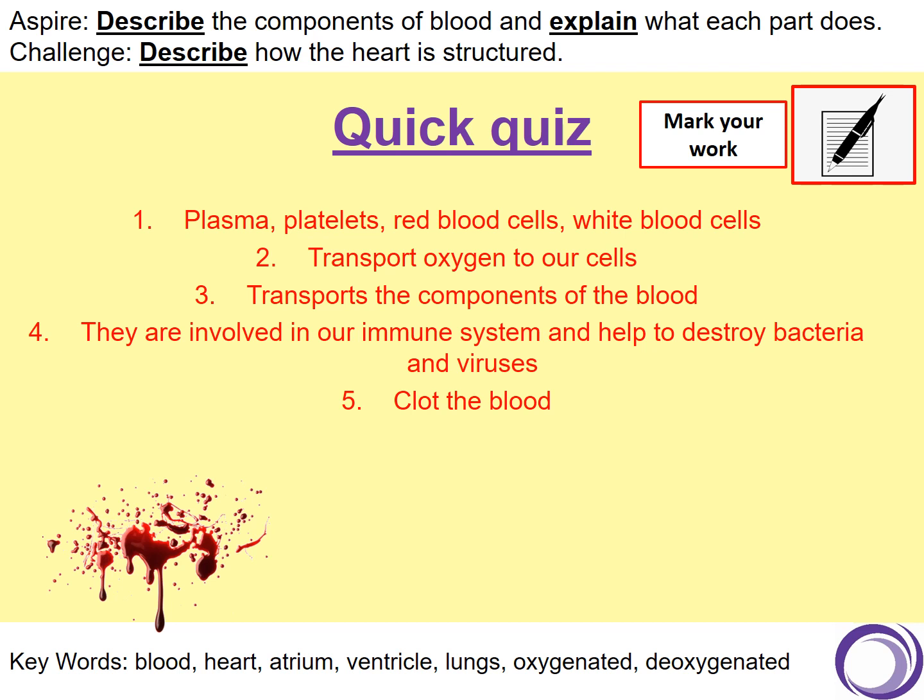They are important because they are involved in our immune system and they help to fight pathogens such as bacteria and viruses and destroy them so we do not become poorly. And the last question was, what do platelets do? And platelets, remember, they are responsible for clotting the blood.